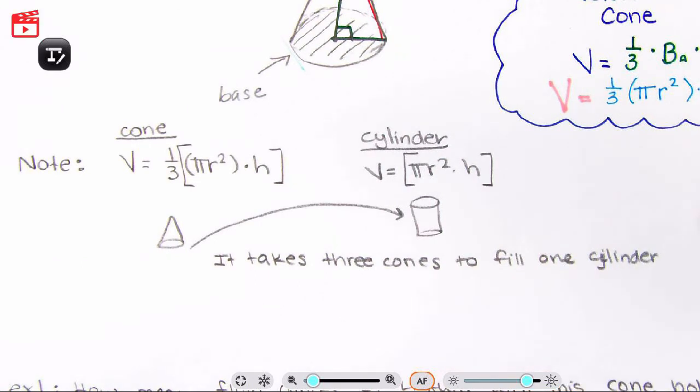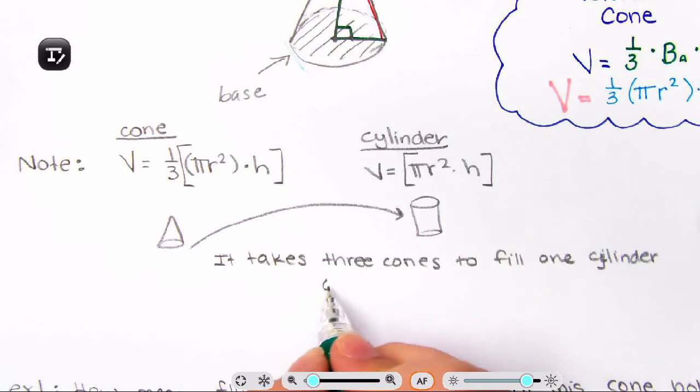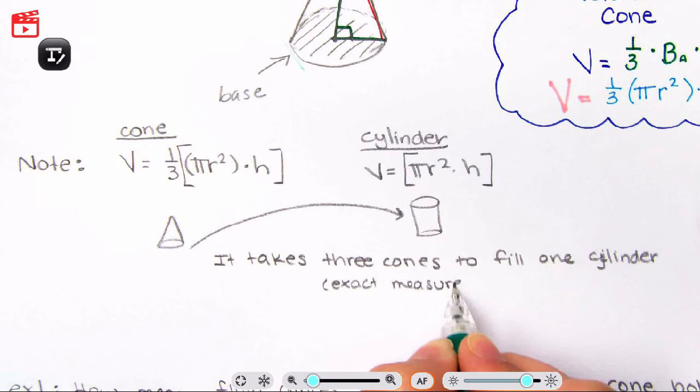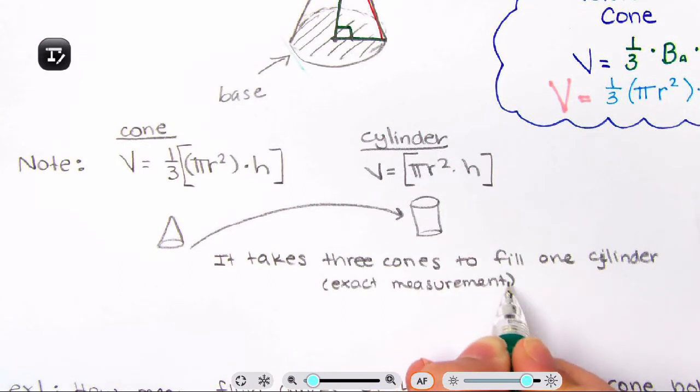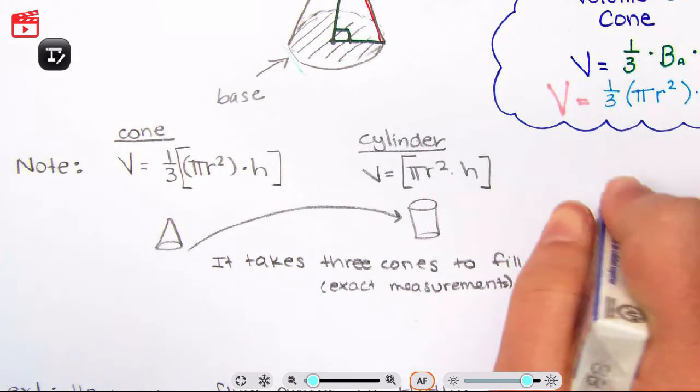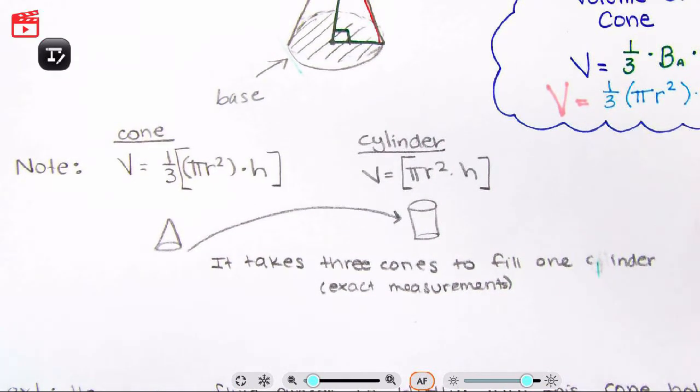And that, again, is if we have exact measurements. So if we have the exact measurements for the cone and exact measurements for the cylinder, then it would take 3 cones to fill up 1 cylinder.